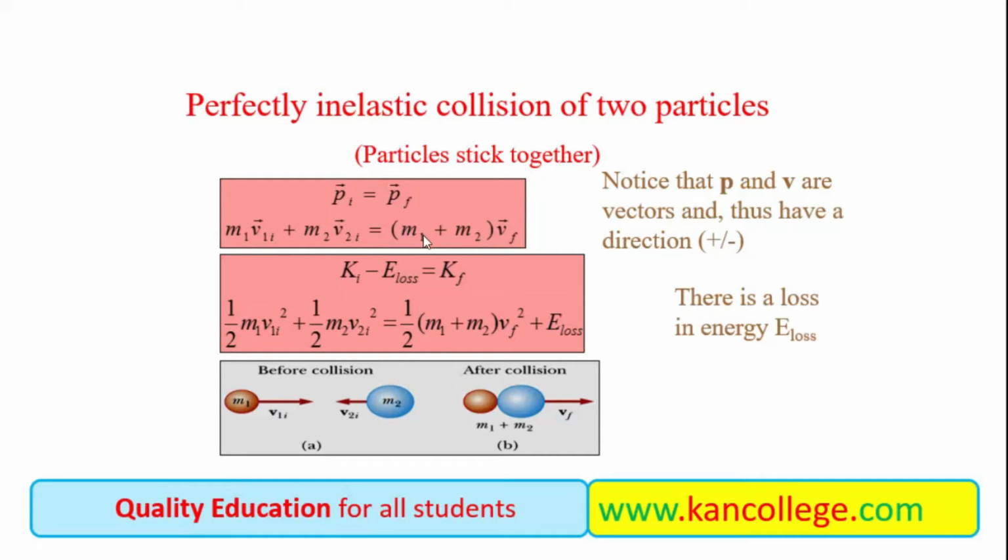It should be noted that the balancing of this momentum equation could only happen because of the multiplication with the heavier, greater mass.